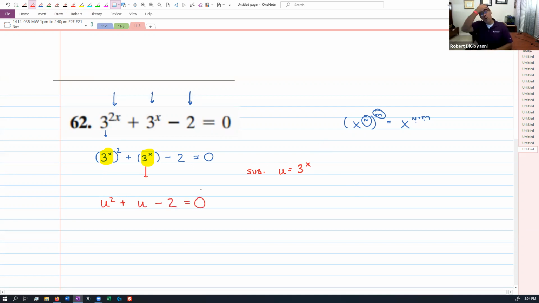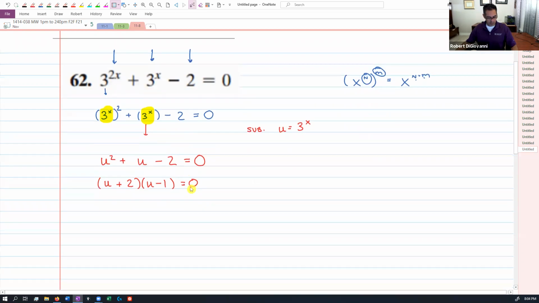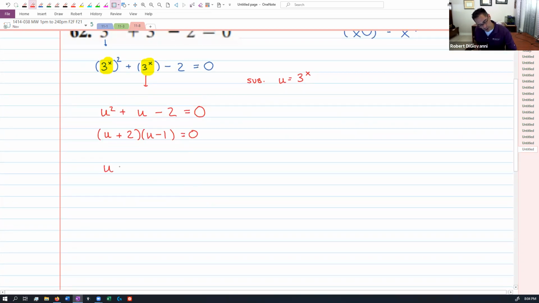And now we have a quadratic. And since I have a quadratic, I can factor or use quadratic formula, but this factors u plus 2, u minus 1 equals 0. And then we get two answers. u must be negative 2 or u must be 1.